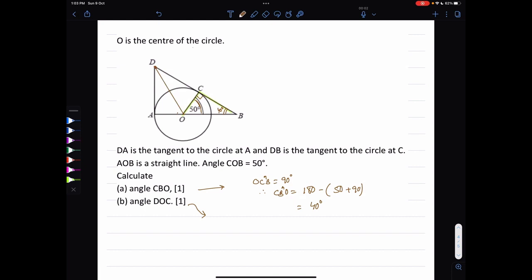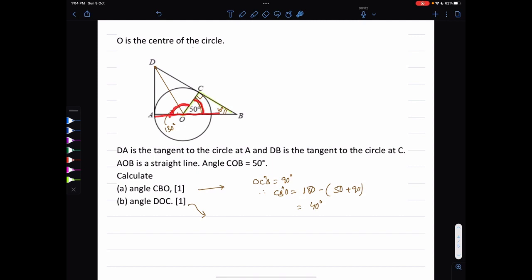If I know that COB is 50 degrees, then COA is going to be 180 minus 50, that is 130 degrees. And why is that so? Because AOB is a straight line. Angles in a straight line are supplementary; the sum is going to be equal to 180. So if this angle is 50, this angle is going to be 130.